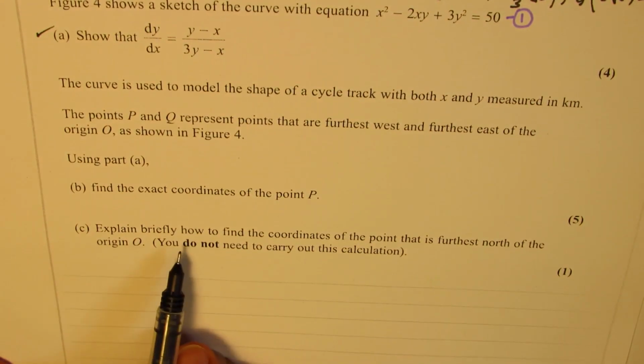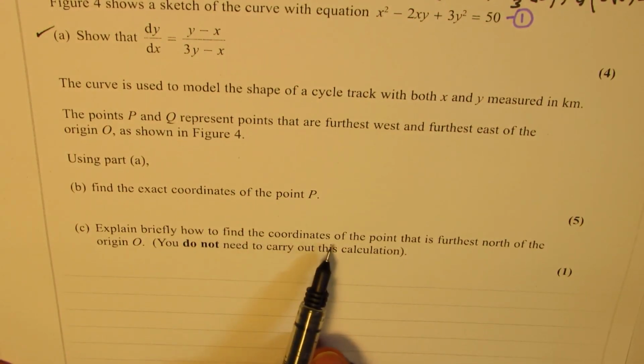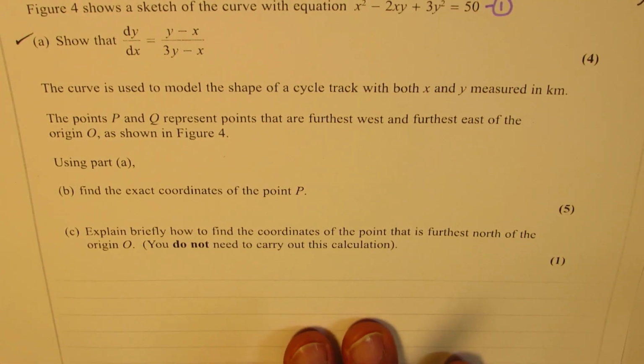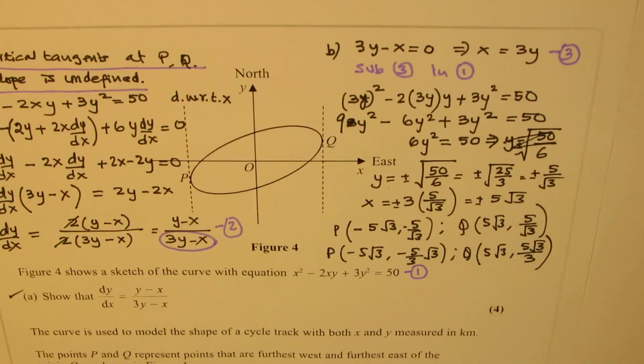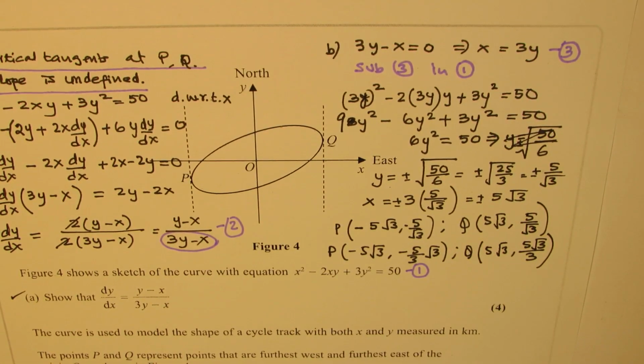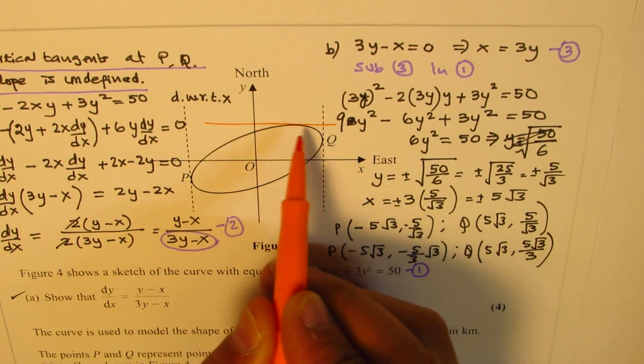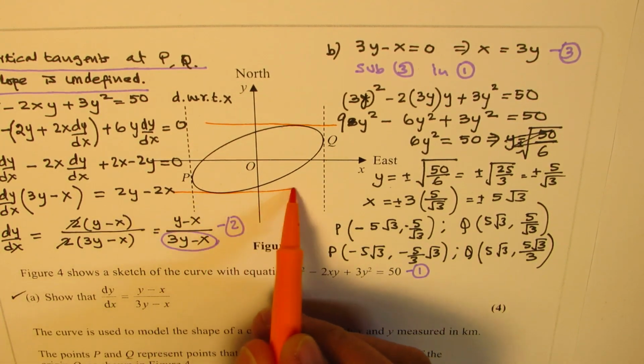Now the last part of this is to explain briefly how to find the coordinates of the point that is farthest north of the origin. So, if you have a point farthest north, clearly the tangent will be horizontal. Do you see that part? So that is the reason.